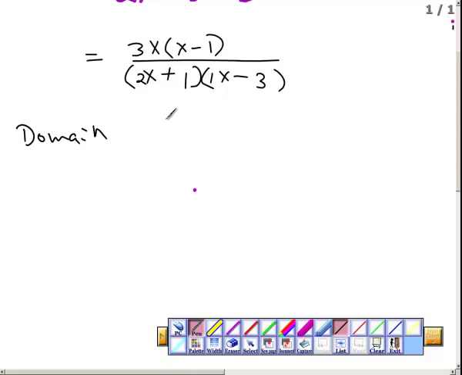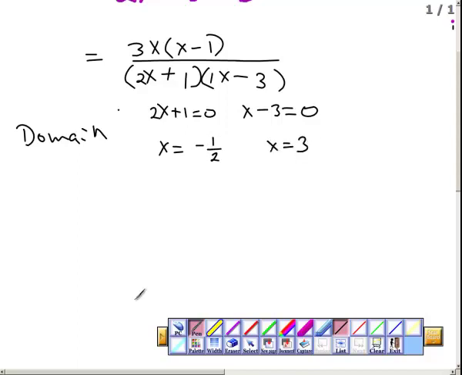All right, so what would the domain be, if we're looking at this, 2x plus 1 equals 0 and x minus 3 equals 0? Basically, what do we do to find the domain, if that's all we wanted to find? Right, we're just taking the denominator, solve for x, right? And so we get x equals negative 1/2 and x equals 3.